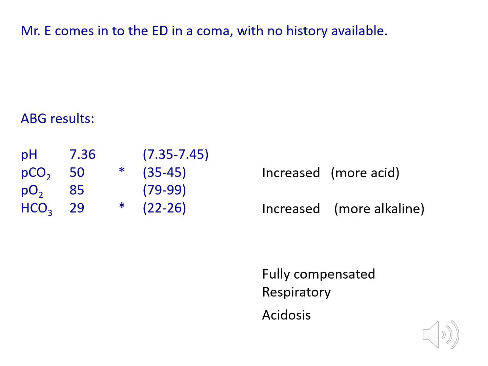So we have a fully compensated respiratory acidosis. Okay, so what happened was the PCO2 went up, made the person more acid. The bicarb went up to compensate for it and succeeded in bringing the pH back to normal limits. So we have a fully compensated respiratory acidosis. Does that make sense?